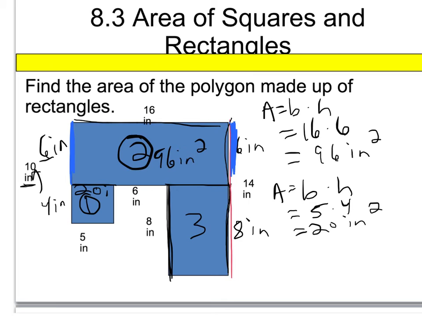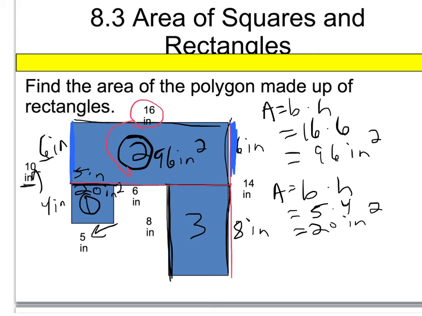Got one more to go. Okay, this last one. Looking up here, if you notice that this side right here is opposite of this 5 inches, so we know that this top side is 5 inches. We know that this entire length of this bottom side of that long rectangle is going to be 16 inches.